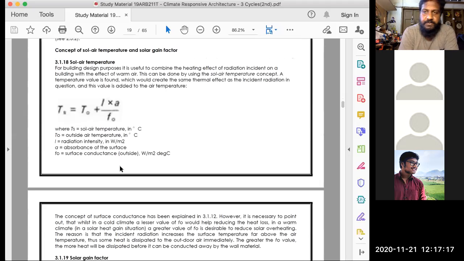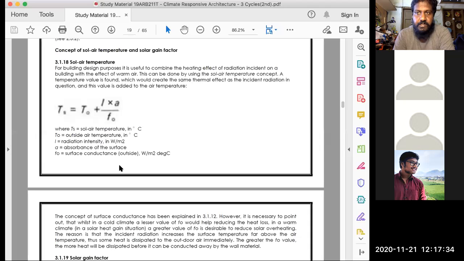Solar temperature is about how heat transfer happens through radiation and convection and the temperature difference from outside to inside.